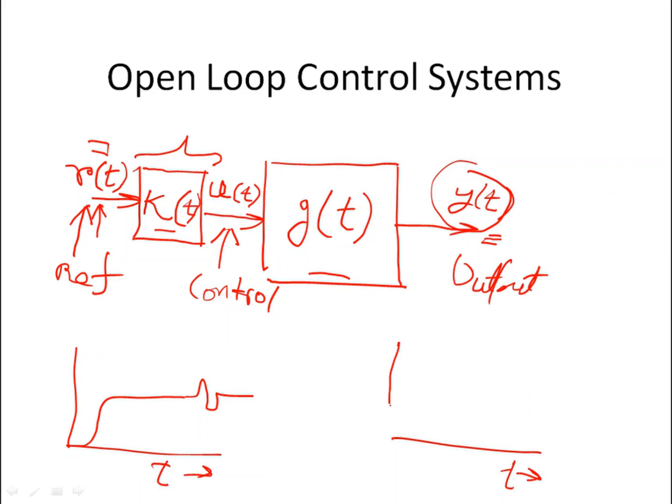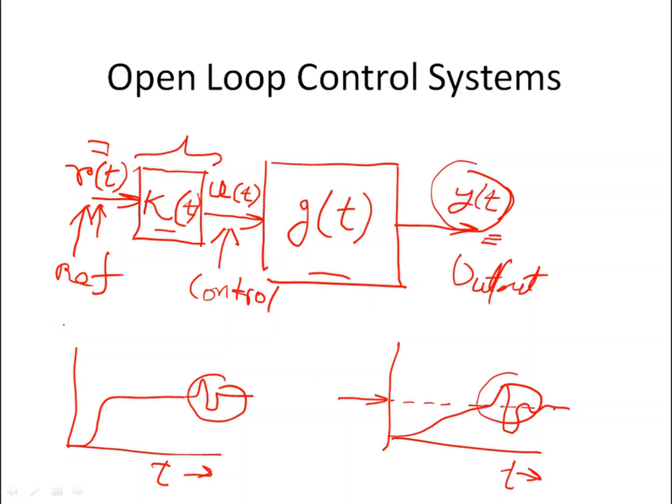When the output is generated, I desire the output should be following this line, but whenever the input is applied, the output is coming like this, and there are certain fluctuations. I don't want this fluctuation in the output, so I have to inhibit in the input this portion.